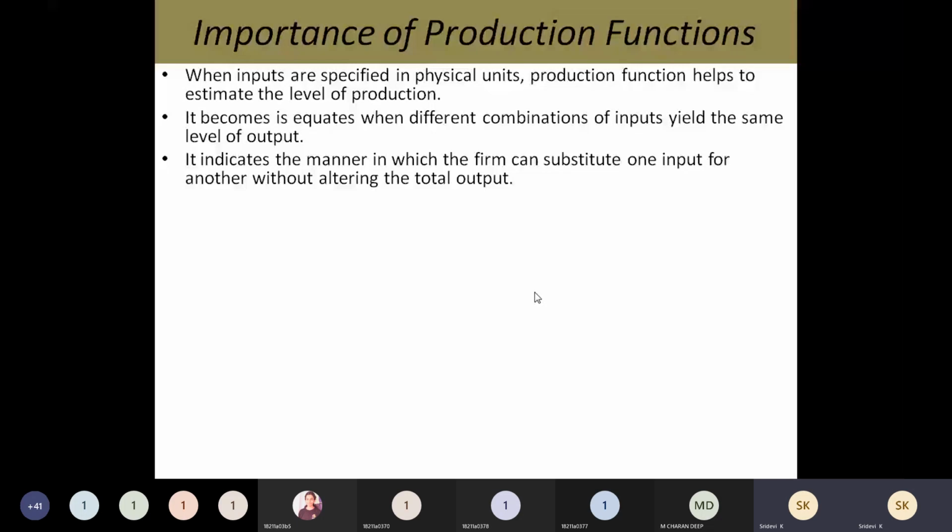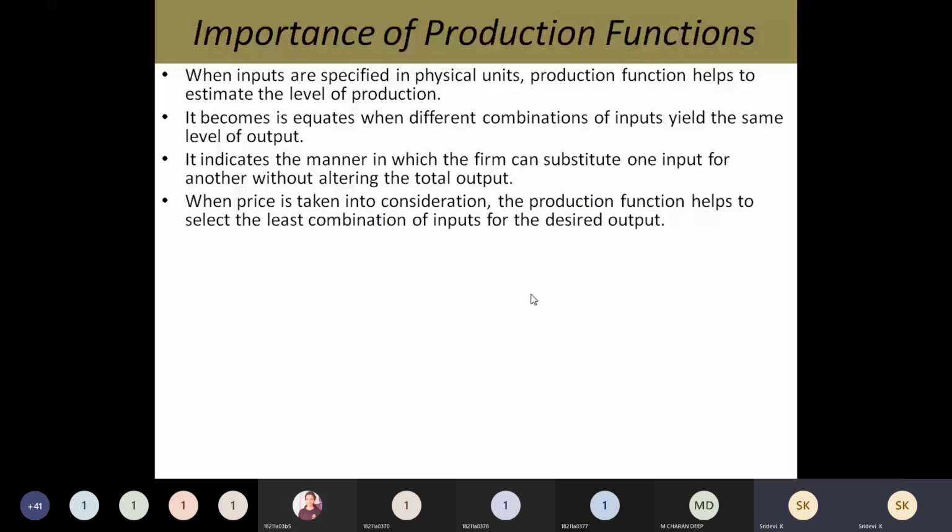To know that, this production analysis is important, and you can consider the price also. When the price is taken into consideration, and how the output is increasing, which combination do you need to select? That will be a question, no? For that question, you get the answer by using production analysis of least cost combination.